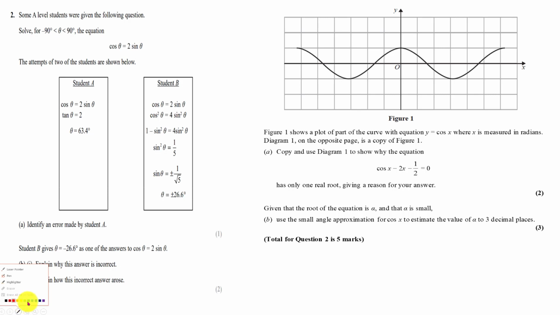Okay, so this is a spot the mistake type question. So look at both sides and see where the error lies. Now we can see here they try to divide both sides by sine theta, hence it went to 2, but as we know from part A, cos theta over sine theta is in fact 1 over tan theta, which is cot theta.